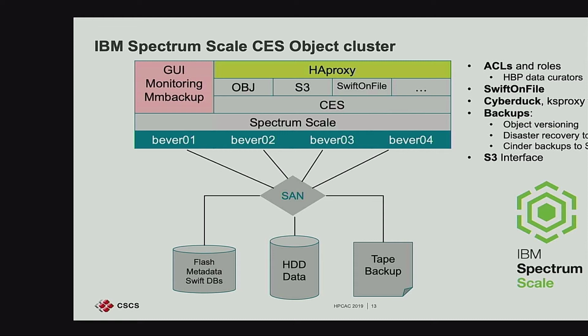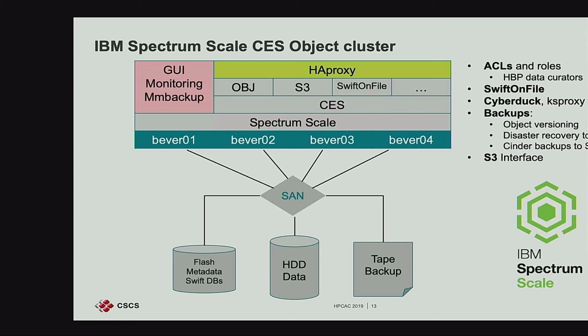Because of our collaboration with the Human Brain project, we have quite complicated access control list rules, so that we are allowing some people to take care of the container creation, and these people are working for Human Brain, and then they are able to grant access to other users who have a much more limited set of permissions.